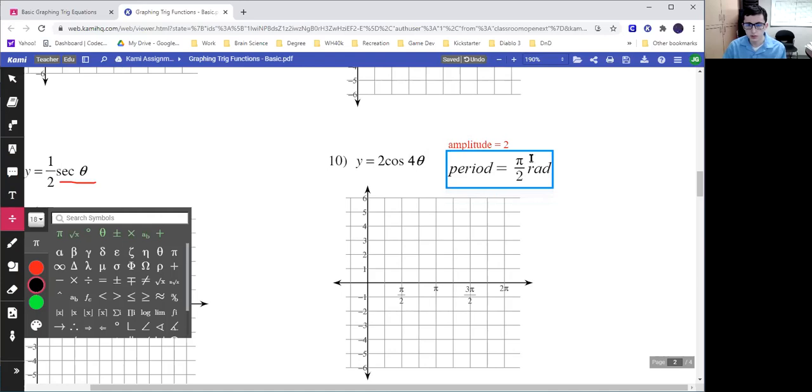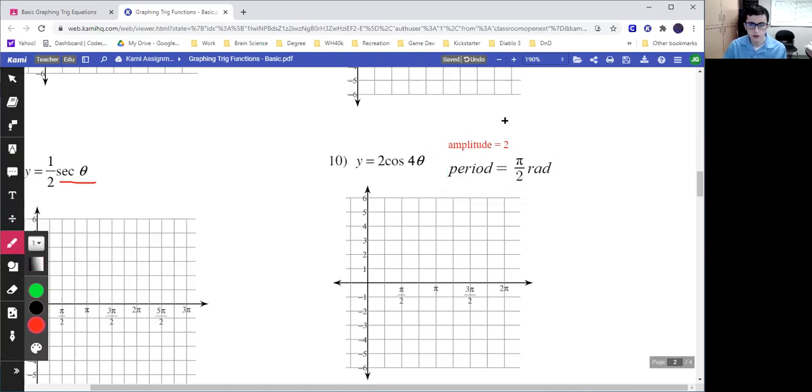So in other words, it will complete 1 full cycle when it reaches pi over 2. And this is cosine. So cosine of 0 is, again, think 0 degrees, right? Cosine is going to be +1. And then multiplied by 2, so the cosine is 2. And we know that from here to here is a full rotation.